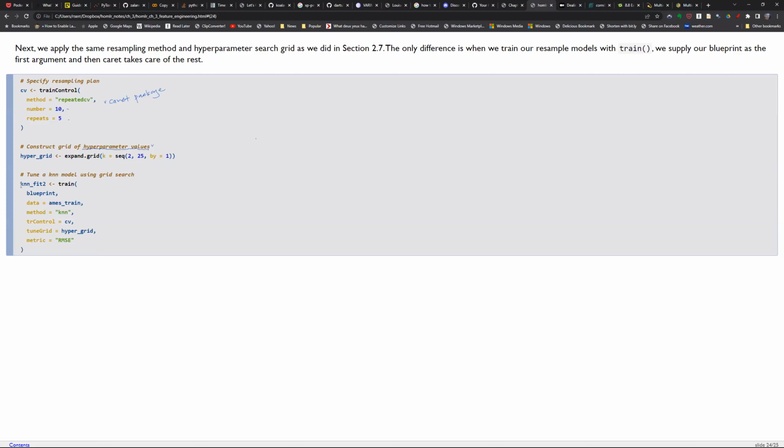Then we're going to do a fitting with our blueprint, with our pre-processing, to the training set. The methodology is going to be KNN. This is going to be the cross-validation plan with the hypergrid, and the metric that we're trying to minimize is the RMSE.